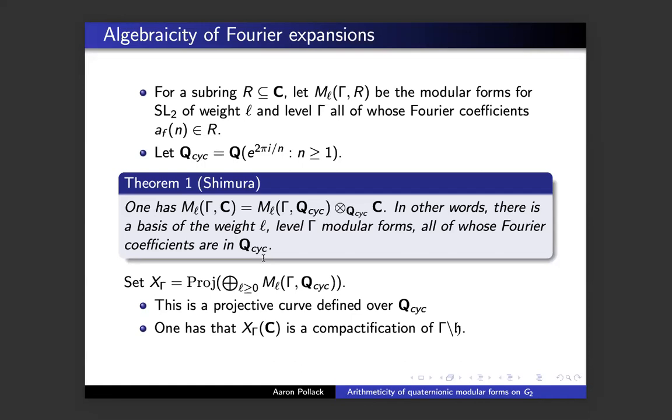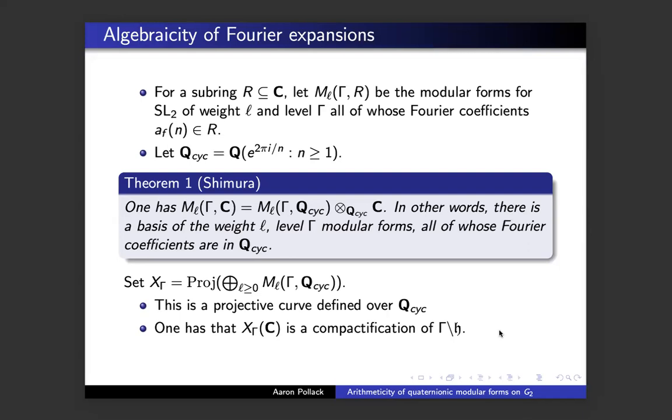So I let L vary from 0 to infinity, and I just look at the modular forms with Fourier coefficients in the cyclotomic extension of Q. Then I have this graded ring, so I can take its Proj, and I get a projective curve now defined over the cyclotomic extension of Q. And this curve has the property that if I take its complex points, I get a compactification of H mod Gamma. Okay, so we can see that this arithmeticity has some relationship to algebraic geometry.